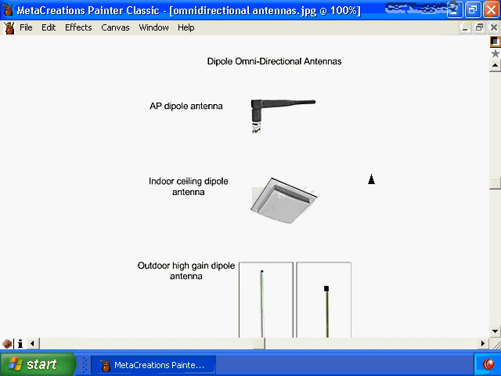So in most companies they have ceilings that consist of, first off, the structural ceiling of the building, and then they have a suspended or a recessed ceiling, and they'll place the wireless access point up in this area here.